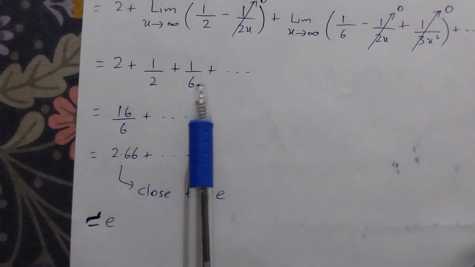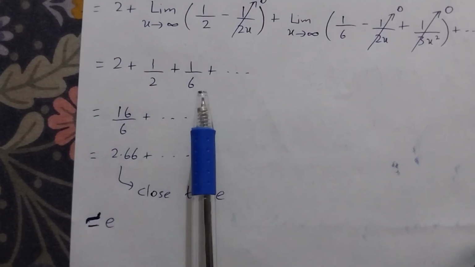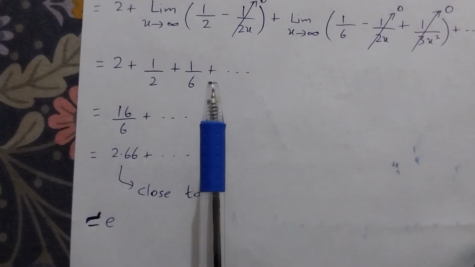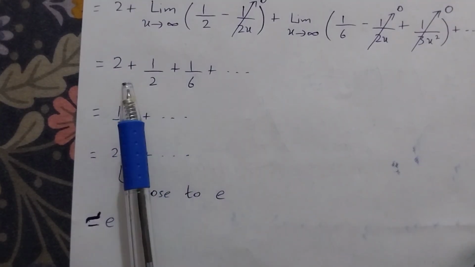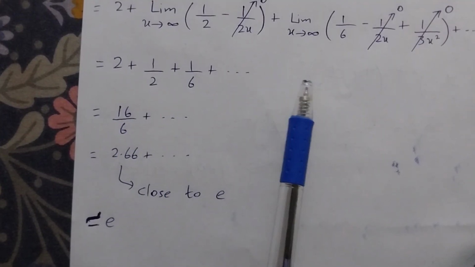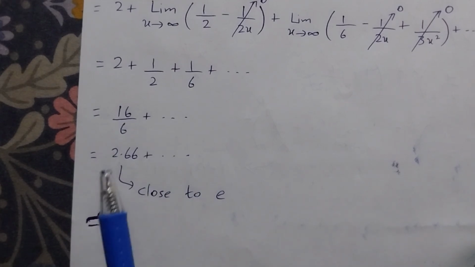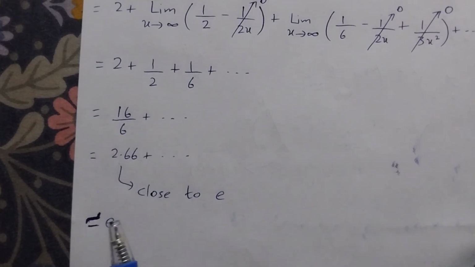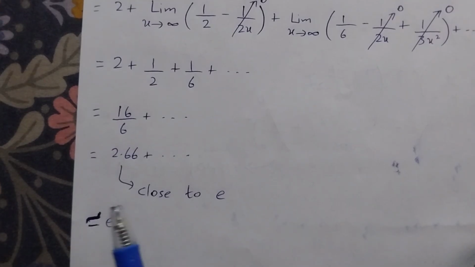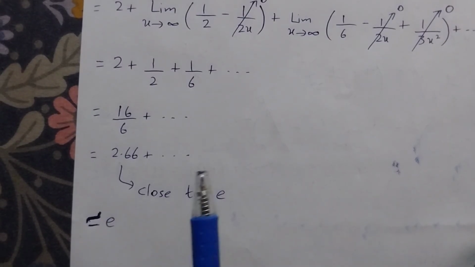You can see these terms are getting smaller: 2, 1 by 2, 1 by 6. So the numbers being added to 2 are getting smaller and smaller. So this limit will indeed approach e, and this limit is equal to e. So this is what we needed to prove: if we take a equal to 1, our result says that this is equal to e raised to power 1, which is e. So this is true.